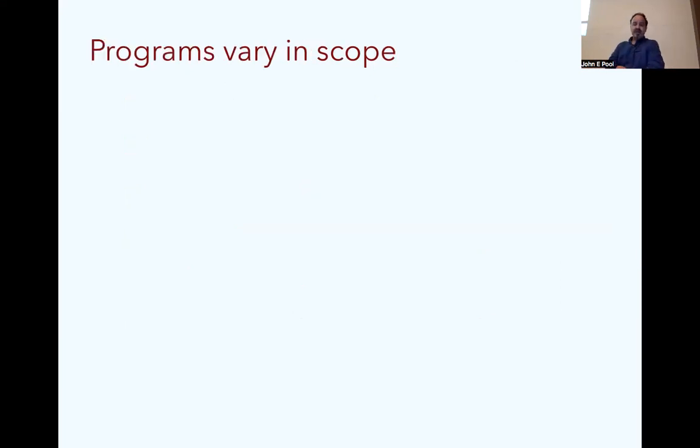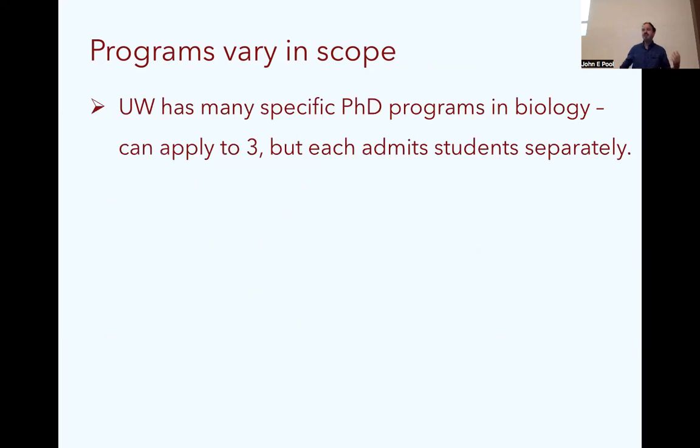I do want to point out that, depending on the university, graduate programs may be structured in different ways. So for example, at UW, there are many more specific PhD programs. Like there are different programs in genetics, in microbiology, in biochemistry, and separately plant breeding and genetics, and so on and so forth.